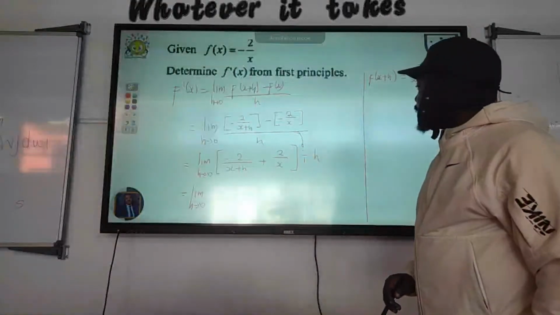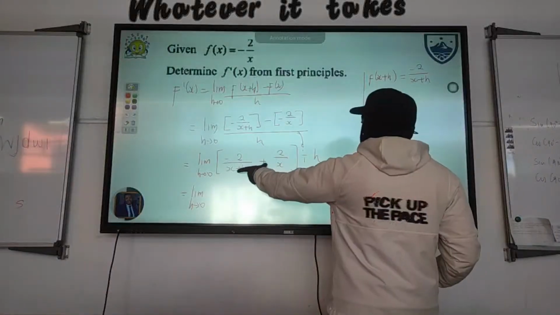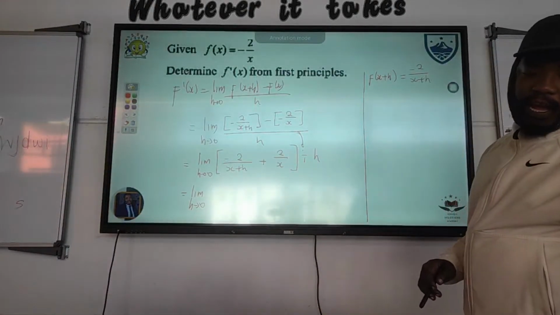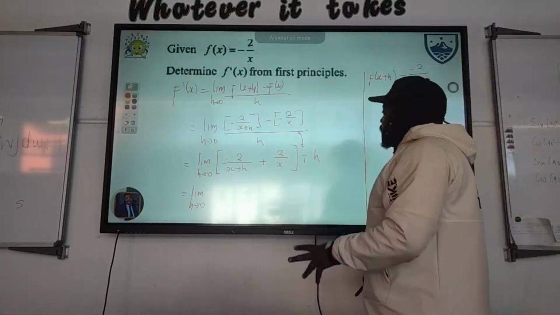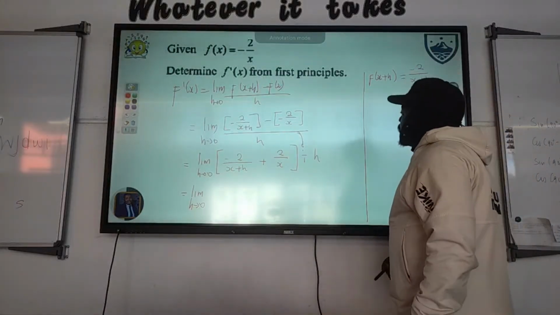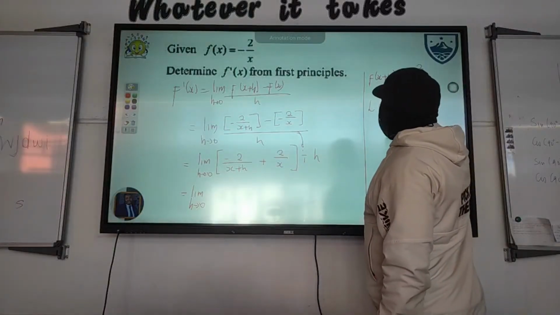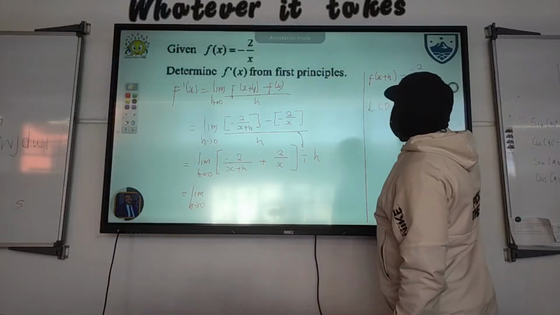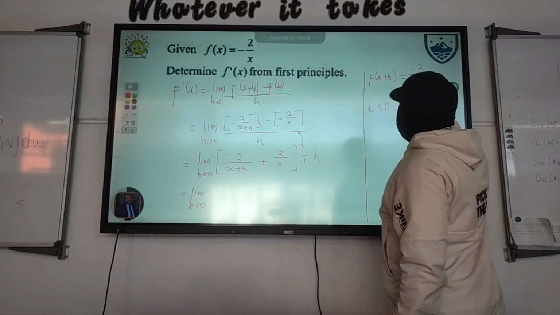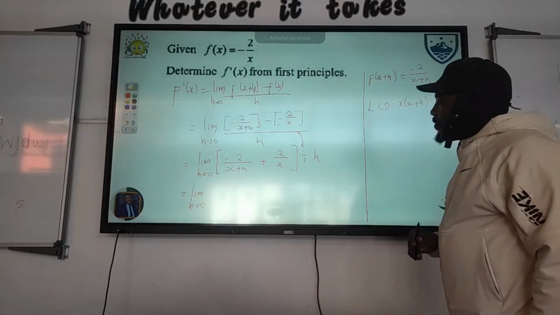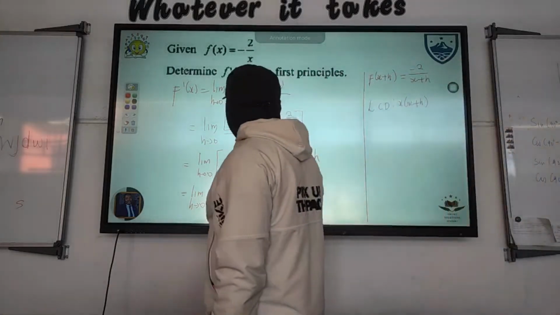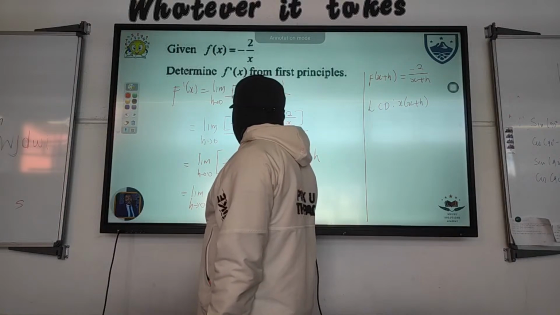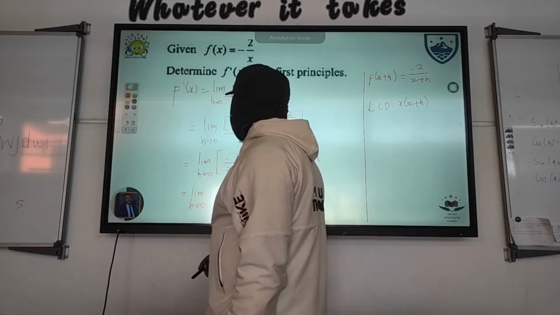Alright, and then what happens now when you want to add any fraction, we need to go and find the lowest common denominator. So our lowest common denominator for those two, everybody must be represented, will just be x times x plus h.